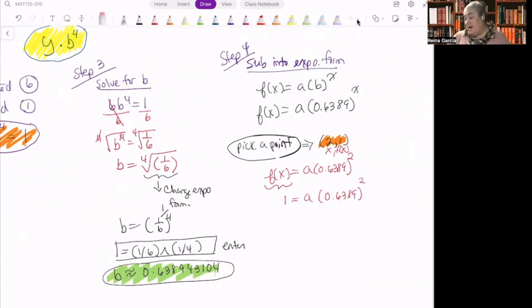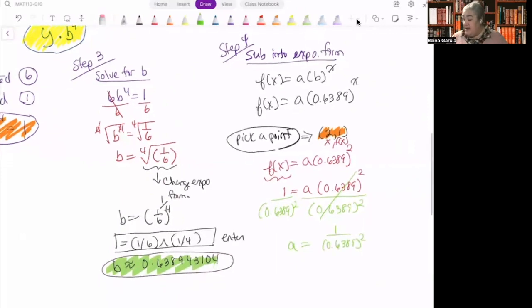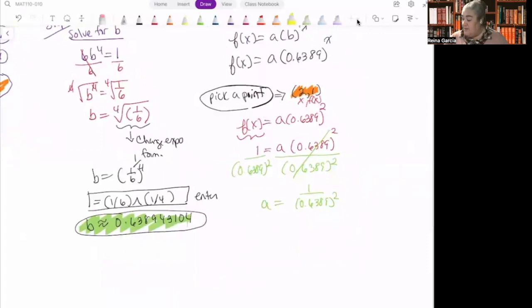And look at that, we divide by this to solve for a. We're going to divide by 0.6389 squared on both sides. On this side it cancels, and it leaves us a equals 1 over 0.6389 squared, which once again I'm going to highlight in yellow.